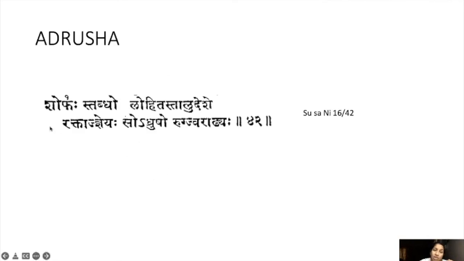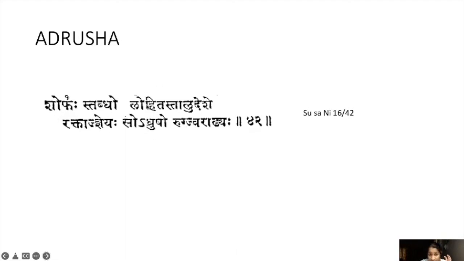Adrusha. Adrusha: Shofaha Stabdho Lohita Talu Deshe Raktatmakaha. Adrusha Rukjwaratyaha. So Shofaha Stabdho Lohita Talu Deshe Raktatmakaha. So it is a disease caused by the vitiation of Rakta. Here also Shofa will be there, swelling, Stabdha, stiff swelling will be there.